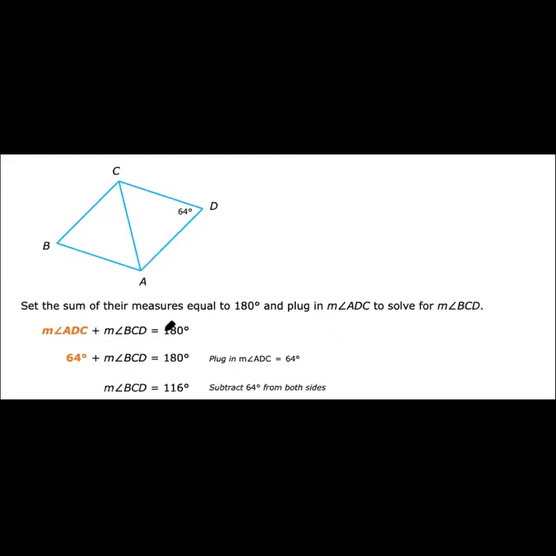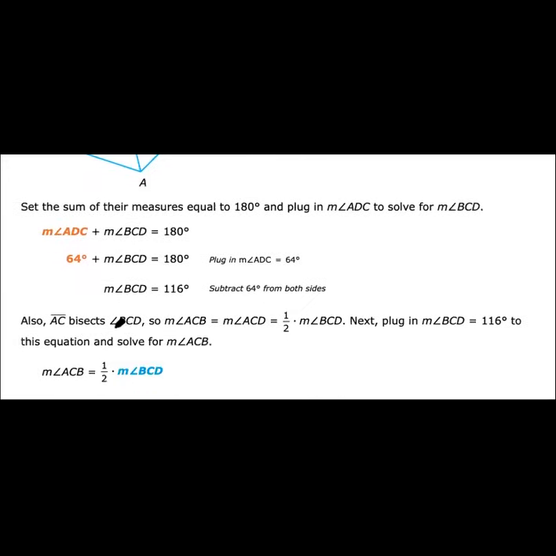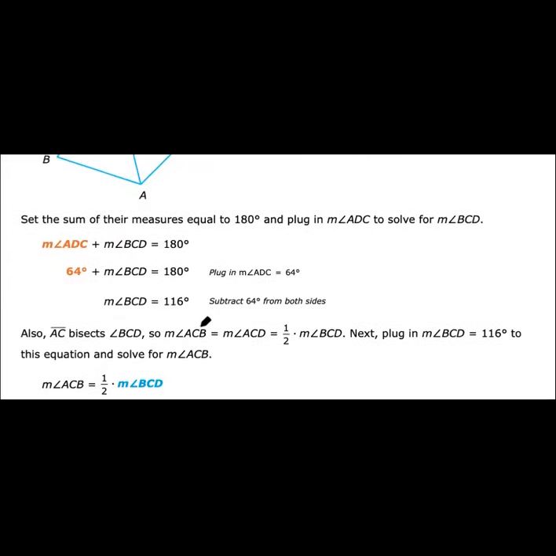So that means these two add together to be 180. So I know that ADC is going to be 64, so I plug that in. And then I'm going to find that my measure BCD is 116, because I subtracted 64 from both sides. So also AC bisects BCD.